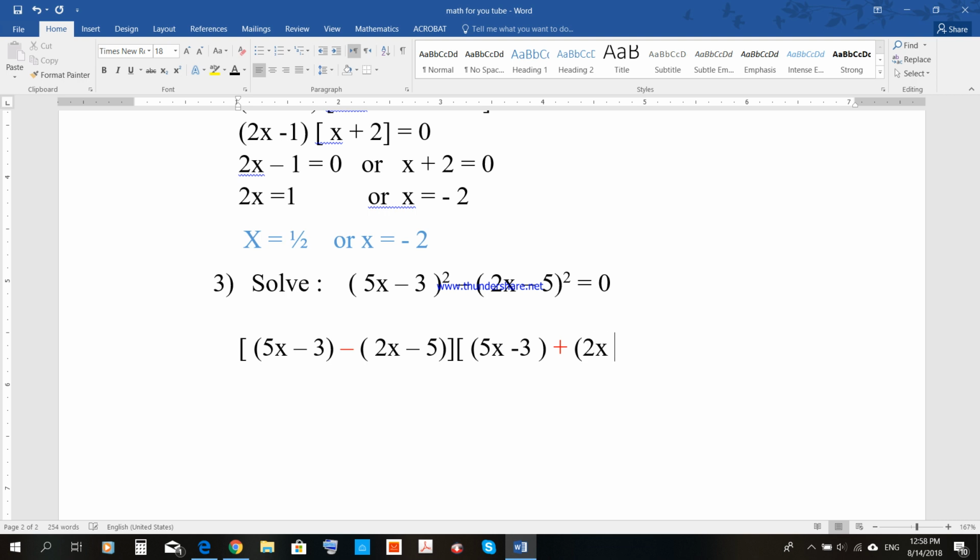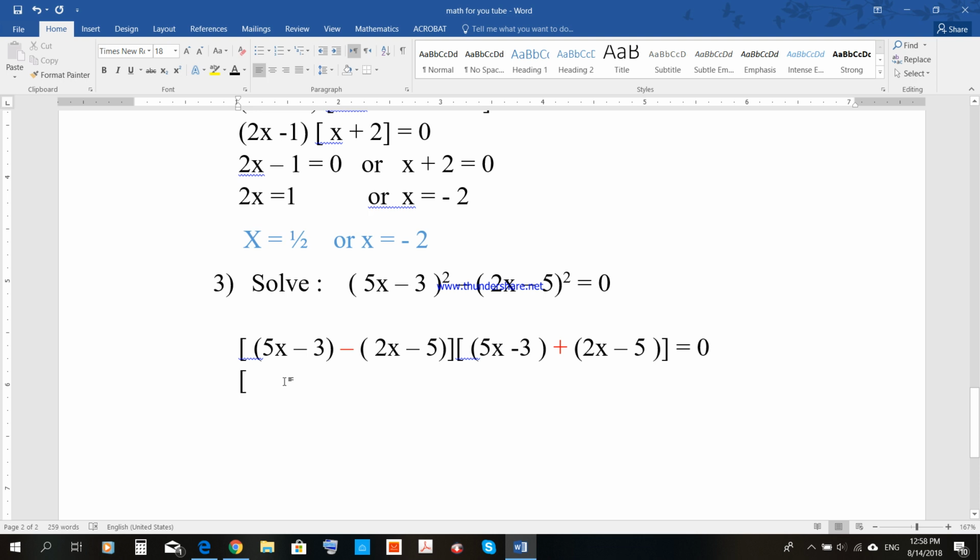2x minus 5 equal to 0. Now simplify, or remove the small parentheses. The first parenthesis has a plus in front of it, so we cannot change the signs.